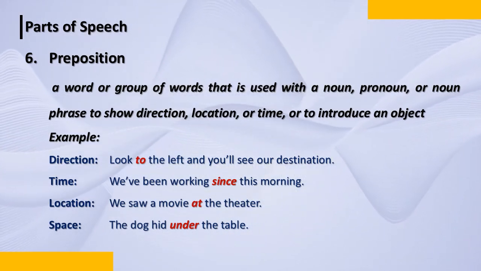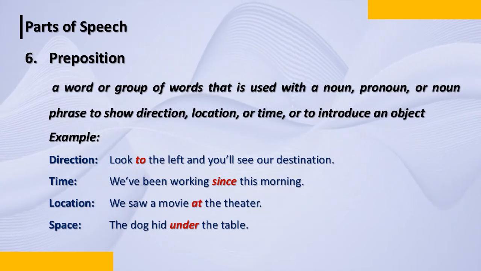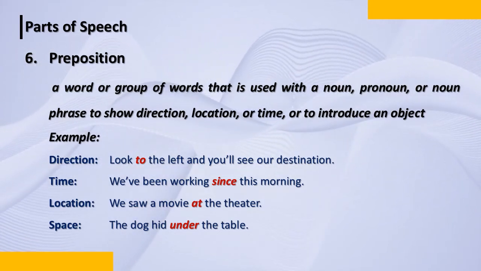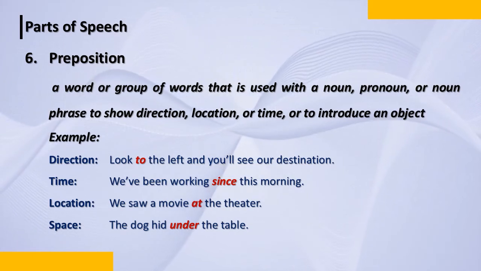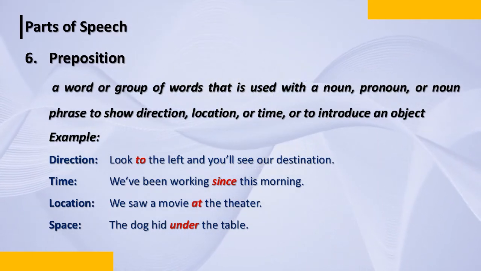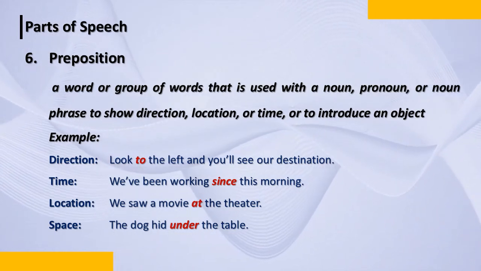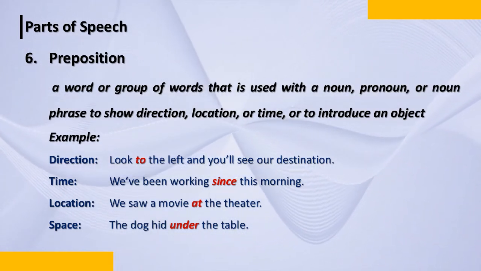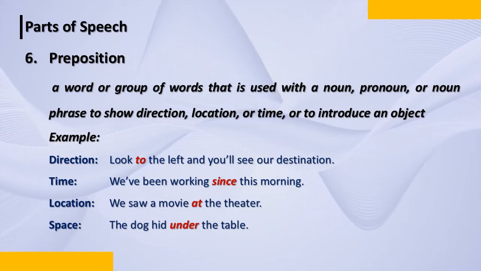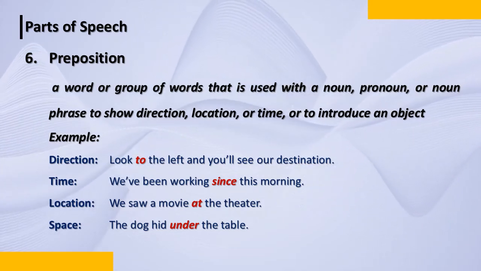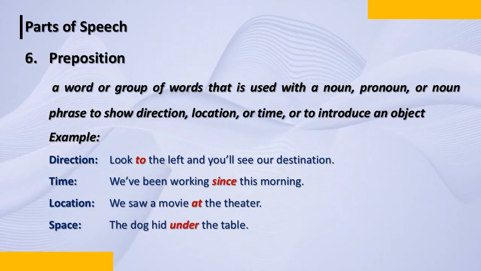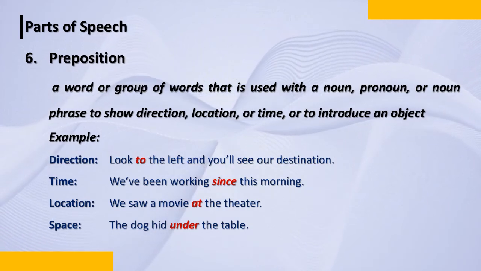Location: we saw a movie at the theater. Where did we see the movie? We saw it at the theater. So, at. The dog hid under the table. Space: where is the dog hidden? Where did you hide the dog? The dog hid under the table.